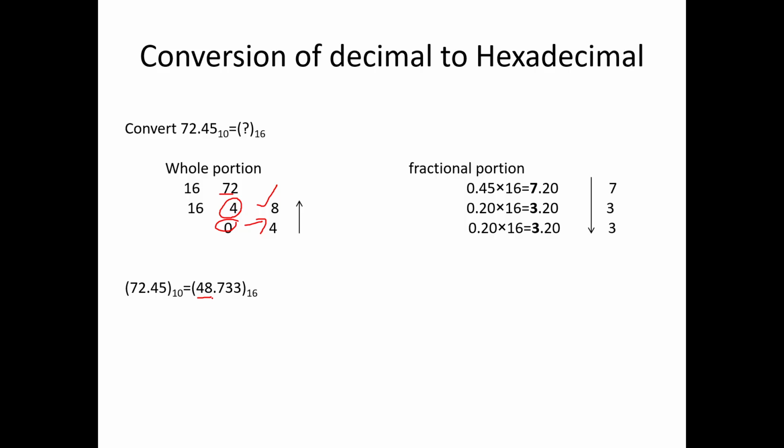Now for 0.45, we multiply by 16: 0.45 times 16 is 7.2. Then 0.2 times 16 is 3.2. Again 0.2 times 16 is 3.2. It keeps on repeating. So the answer is 0.733.